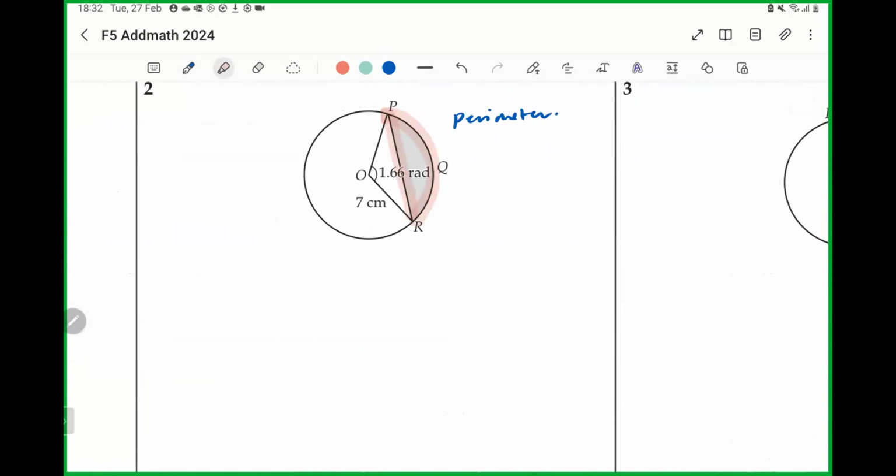For the first, PQR is the length of arc, so it equals r theta, where you have 7 times theta 1.66. 7 times 1.66 is 11.62. Next, we will need to find the chord PR. PR, the straight line here, we call it a chord.